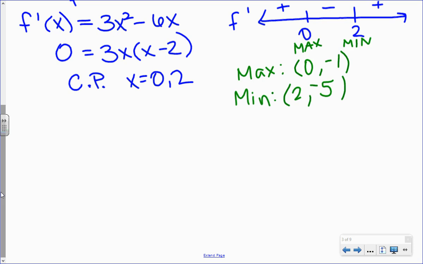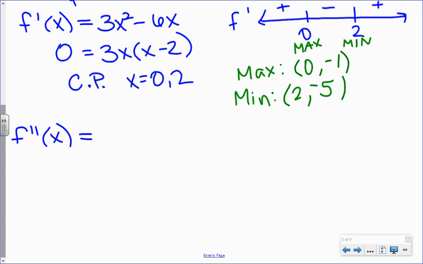Okay. Now let's find our second derivative. Here especially, as we go through different problems, you need to be a little bit strategic about which first derivative you use to take your second derivative.